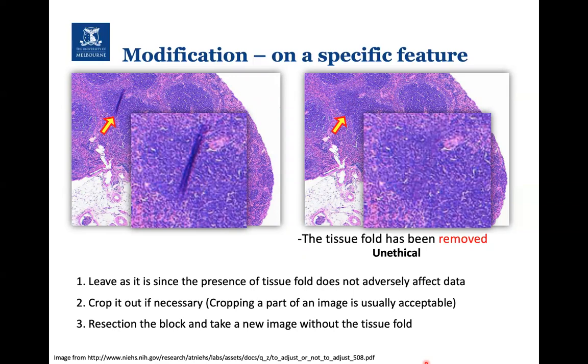There are a few things that they could have done. If it's not interrupting the analysis or the interpretation of the image, then you can leave it in, or you could crop it out. Or if it's really key, you go back to the block and section it again, and try to find an image that doesn't have a fold within it.